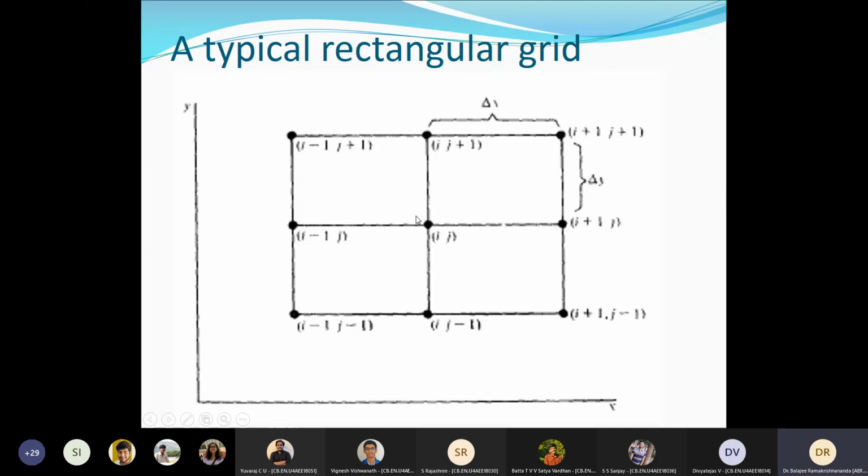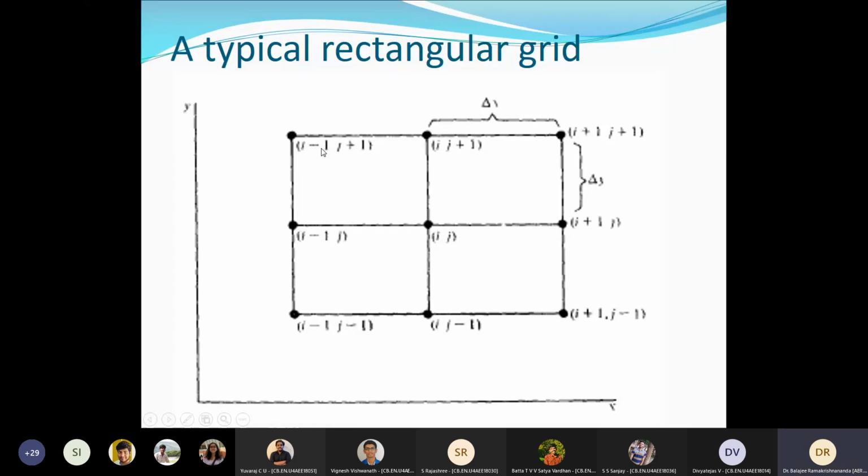So suppose you have a point I, j. Obviously, you can call the point below that I, j minus 1, to the right I plus 1, j, to the top I, j plus 1, to the left I minus 1, j.